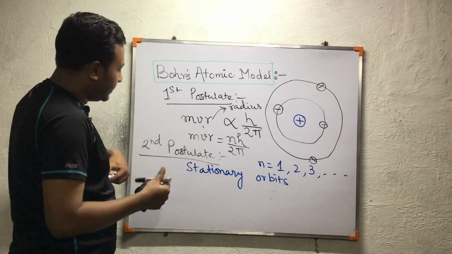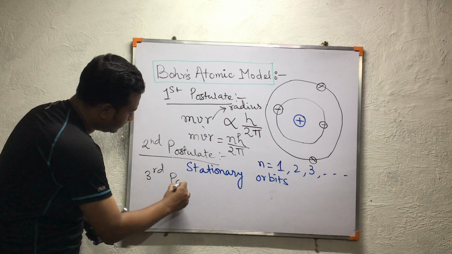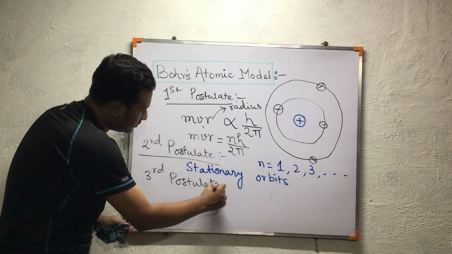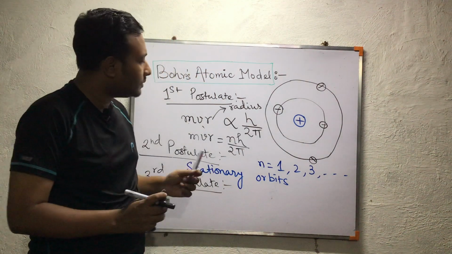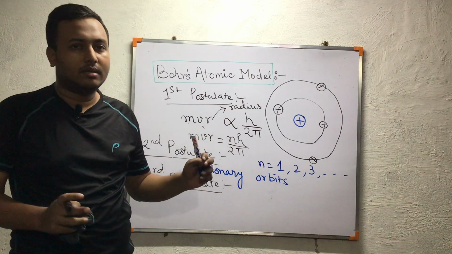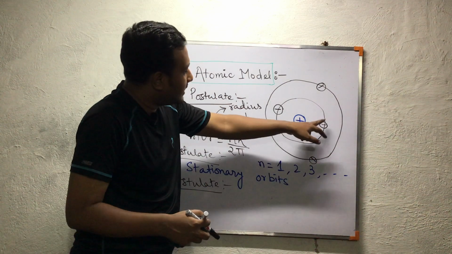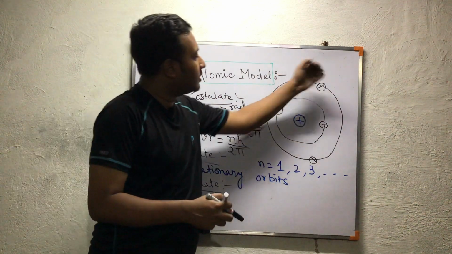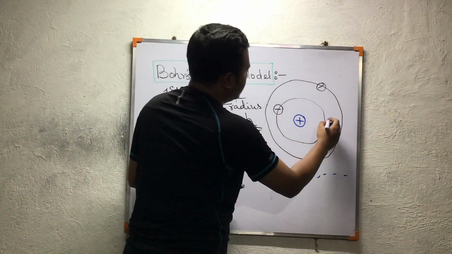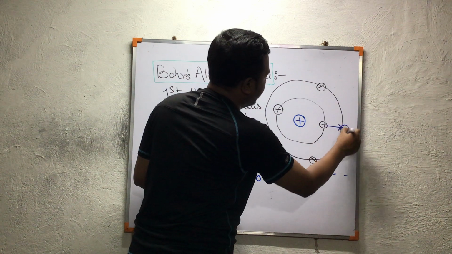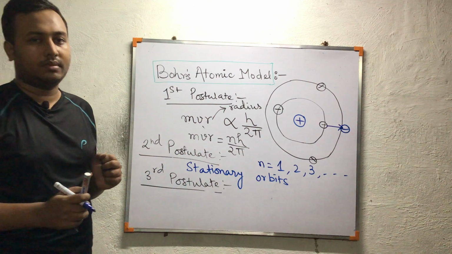In the third postulate of Bohr's atomic model, it is discussed that when an electron jumps from a lower energy level to a higher energy level, where the inner orbits are the lower energy levels and the outer orbits are higher energy levels, it absorbs some energy.